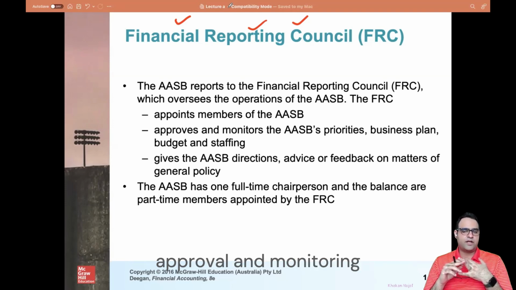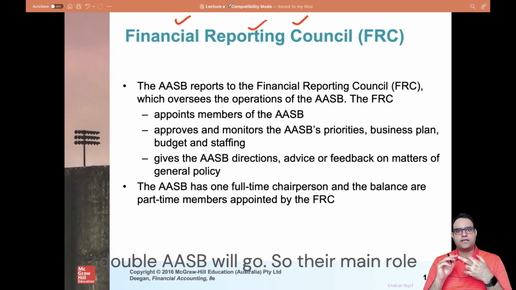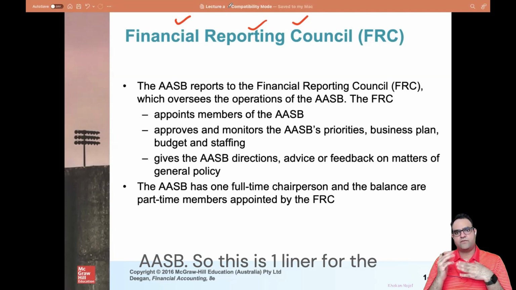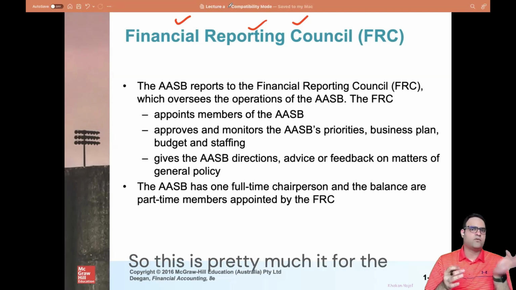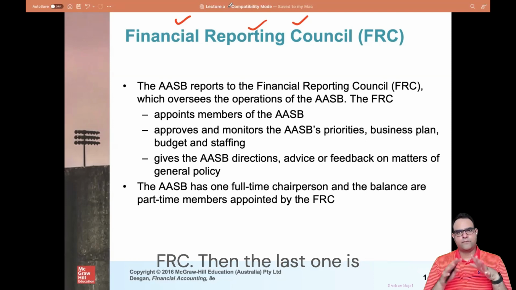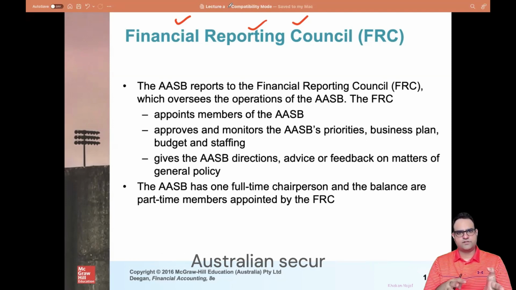What is the approval and monitoring of the AASB? What is the board direction and future, how the AASB will go? So their main role is to oversee the AASB. This is the one-liner for their responsibility. You can read it in the book and in the slides. So this is pretty much it for the FRC.